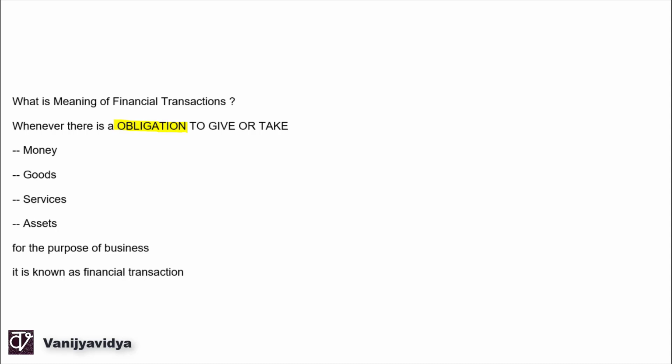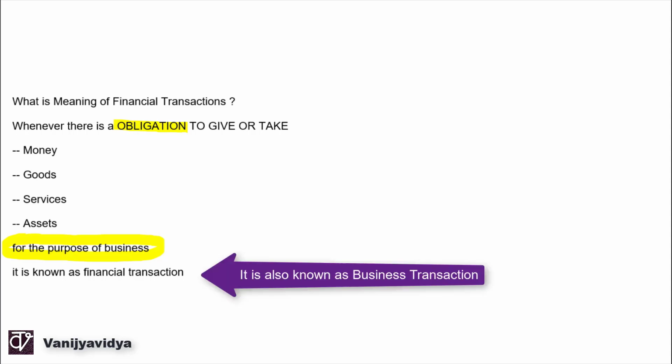So if there is an obligation to give or take money, goods, services, assets for the purpose of business, again this is important: every give and take should be for the purpose of the business. Remember, a person is different from the business. Financial transaction is also known as business transaction.